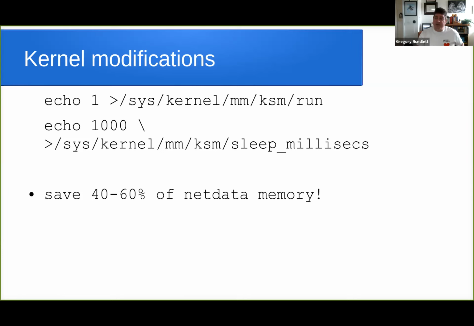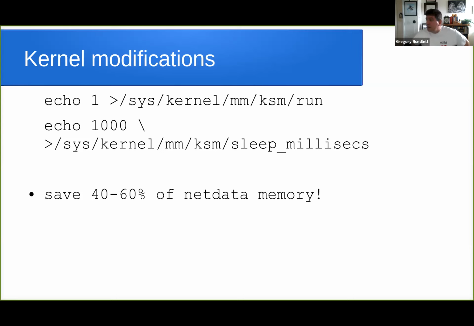One thing I found out is that NetData already has a really good profile for resource consumption, but there's a setting that I found in some environments where you have this thing called kernel same page merging, or KSM.